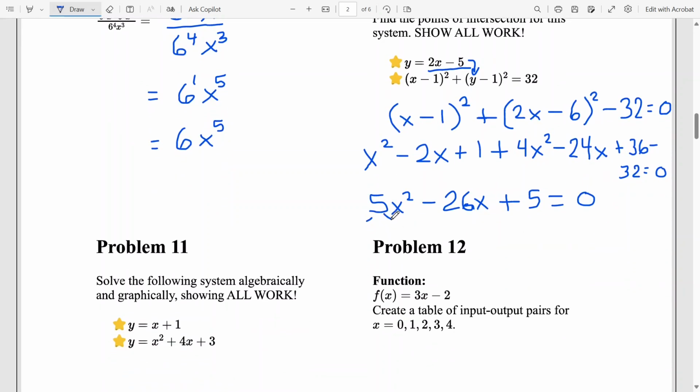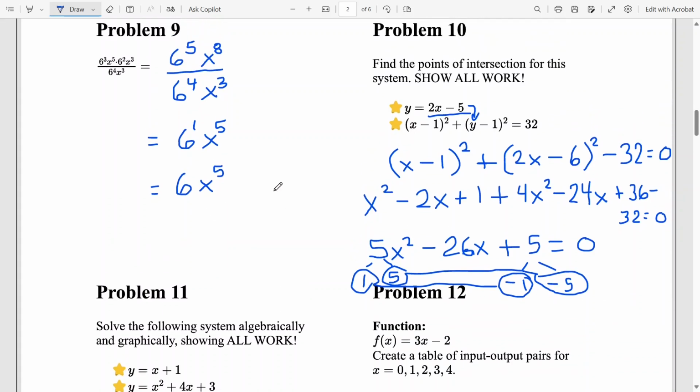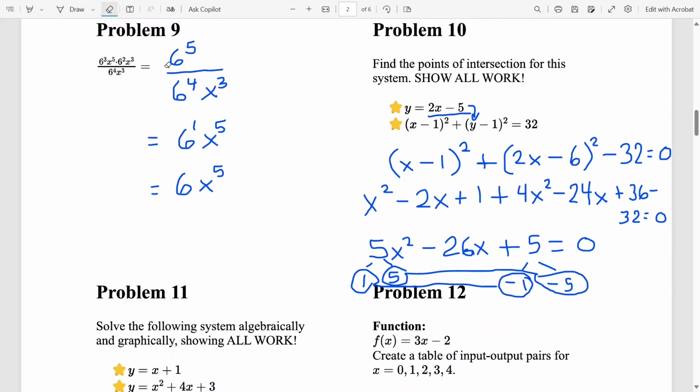Let's see, can we factor? So we got like 1 and 5, and we've got to pick the negative ones here, so -1 and -5. Yep, we can factor, so we want the 5 multiplied by the -5, and the -1 here multiplied by 1. Let's erase this stuff here and move it over.